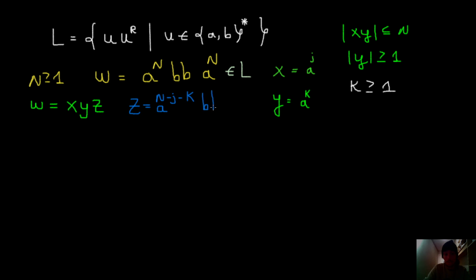Then we have the two b's that we have in the word, and then we have a raised to n, like so. So as we can see, if we concatenate now x, y, and z, we have precisely this word w, right?